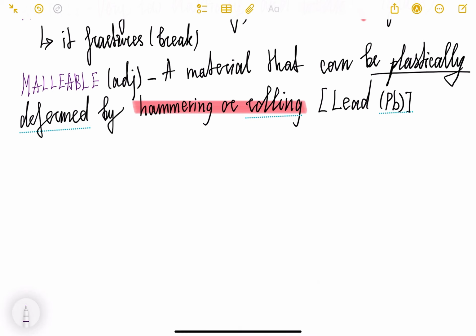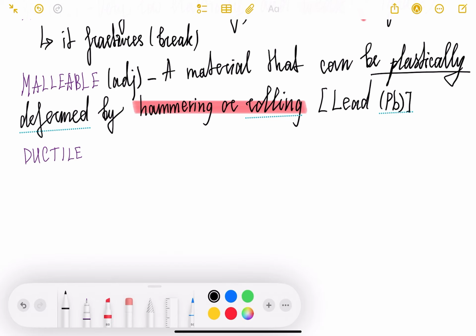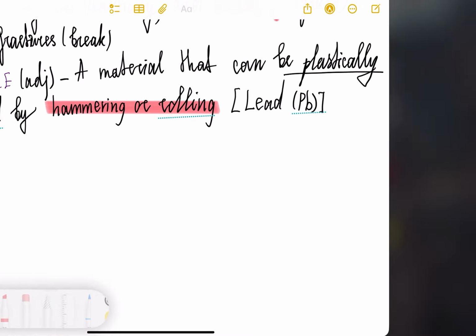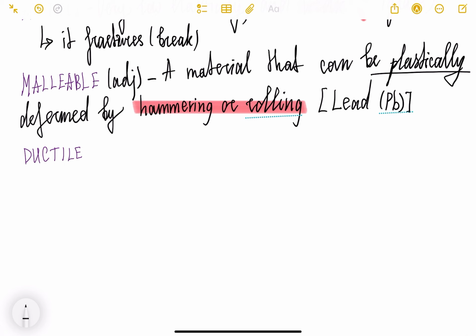Then there's also the word ductile, D-U-C-T-I-L-E, ductile. A ductile material is one that can be drawn out. Drawn out means stretched into a long length. The example is copper, Cu.